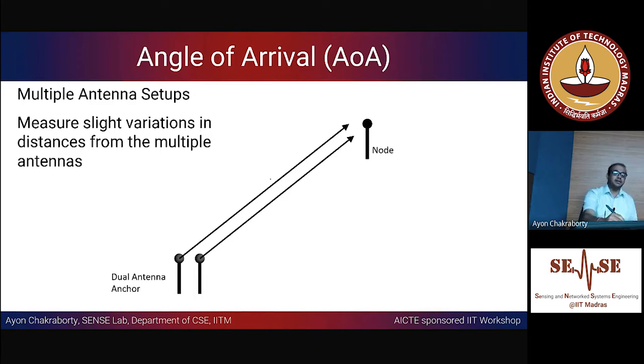So the claim is that the distance that this ray is going to travel from antenna number 1 is going to be different than the distance covered from the node to antenna number 2. Okay, so D1 and D2 will be slightly different, and that difference is going to be leveraged to estimate the angle of arrival.